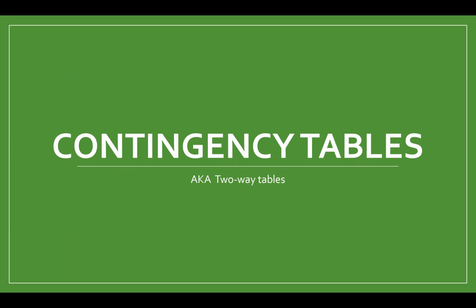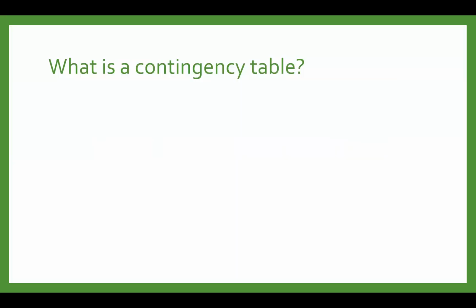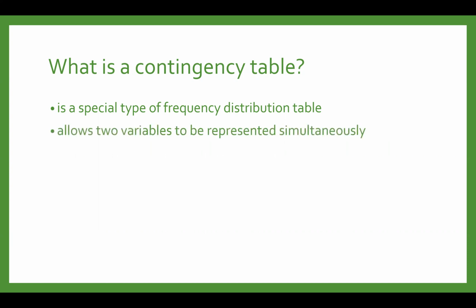But a contingency table is a great way to organize your data when you've collected it. Okay, so a contingency table is a special type of frequency distribution table. We've already looked at a categorical frequency distribution, and we've looked at a grouped frequency distribution. The contingency table is a special type of that, and it involves two variables that can be represented at the same time, specifically two qualitative variables.